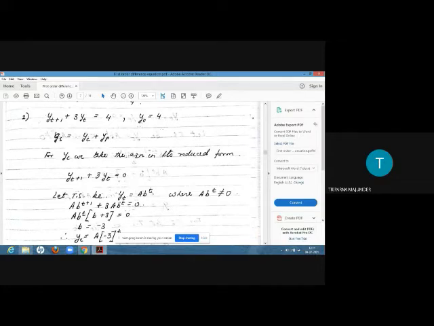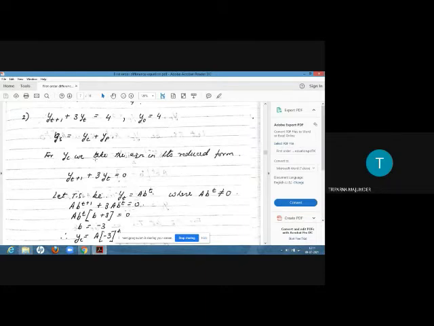Before that, you have to write that this is a first order linear non-homogeneous difference equation. Then the general solution consists of two parts, yc, the complementary function, and yp, the particular integral.